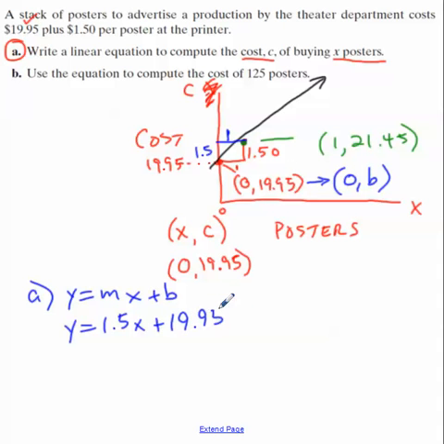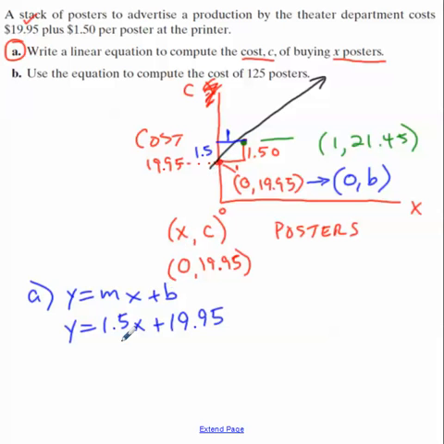So let's take a look at that. That seems valid because we pulled the information for slope from this rate of change, $1.50 more for every one poster that we have. That's our rate of change and our slope, and the b was simply our y-intercept.